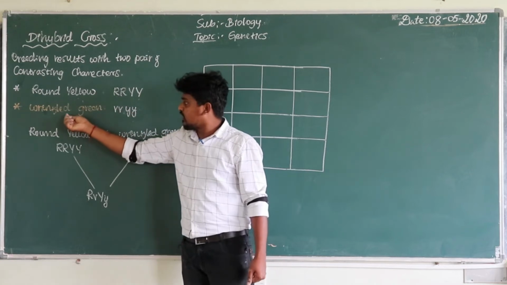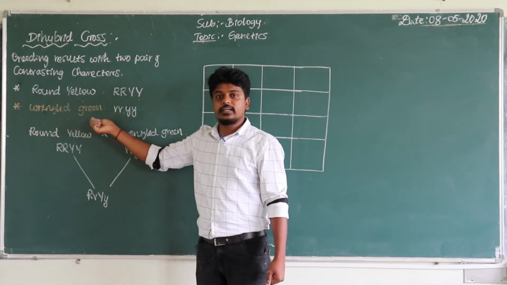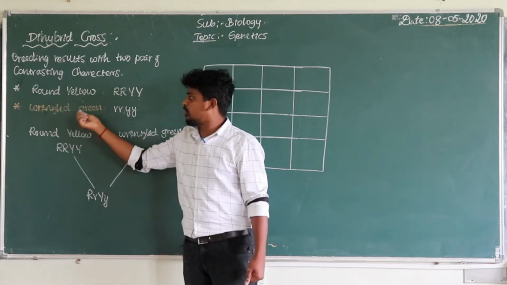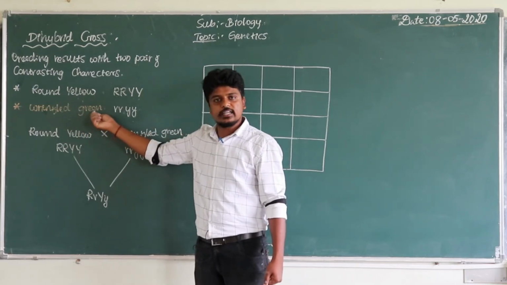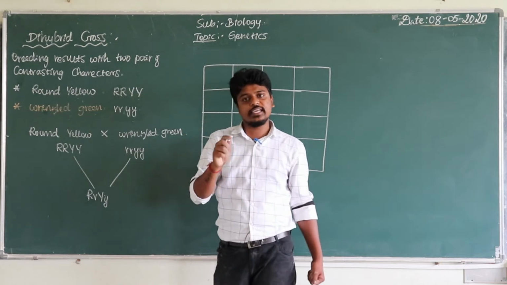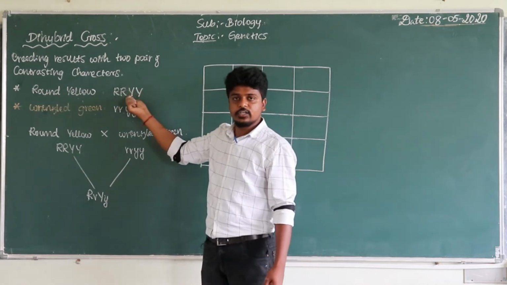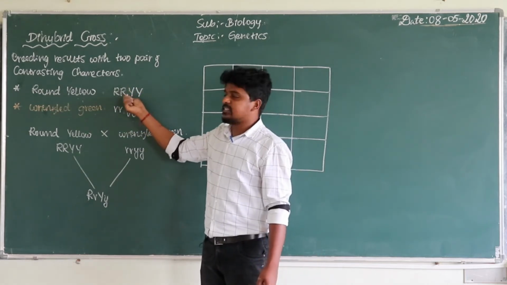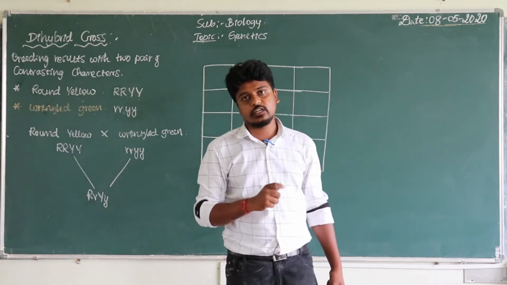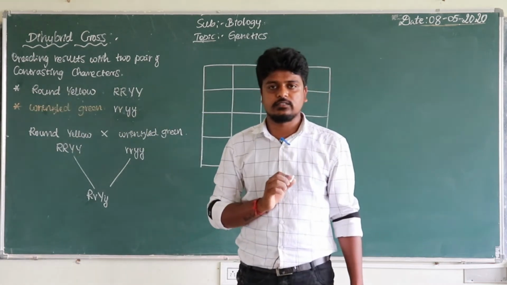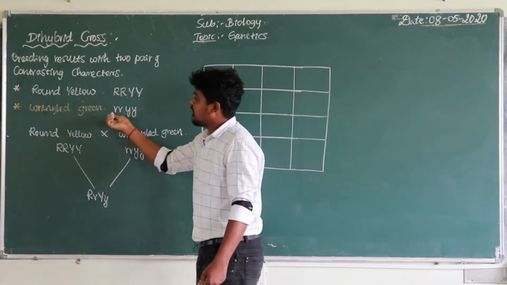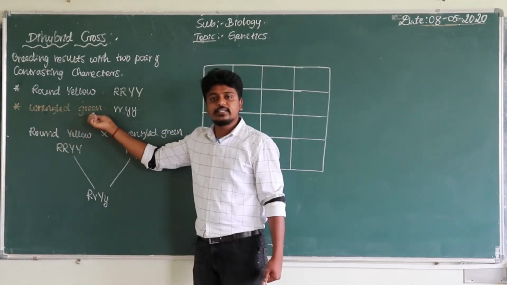But the wrinkled green is different. It doesn't mean that you can change the capital R into a small g. You are not supposed to take that. Whatever characters you take in the first character, you have to consider the same traits with small letters in the other character. Have you understood now? The second pair of characters is called the wrinkled green.